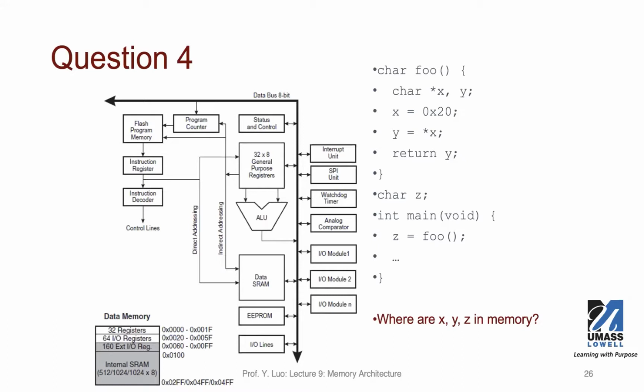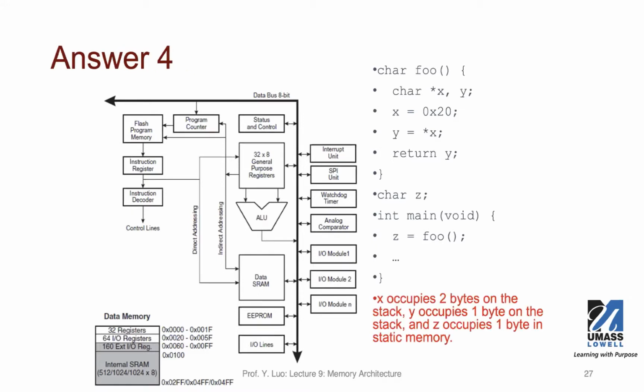X and Y are on the stack, and Z is in statically allocated memory. Yep, I would agree with that. And again, X occupies 2 bytes, Y and Z occupy 1 byte each, and X, Y are on the stack, and Z is in the statically allocated memory.